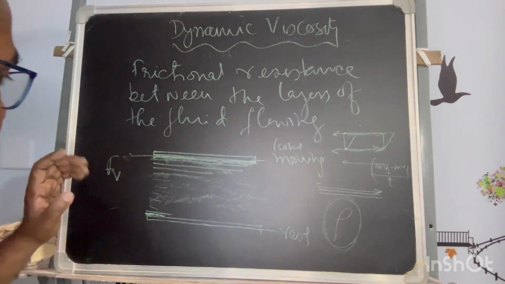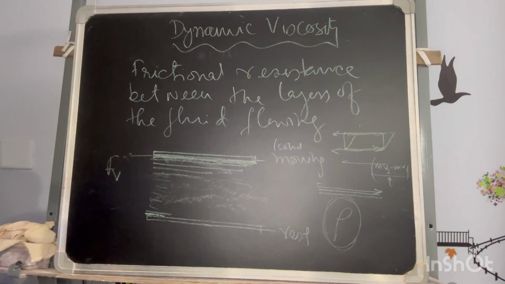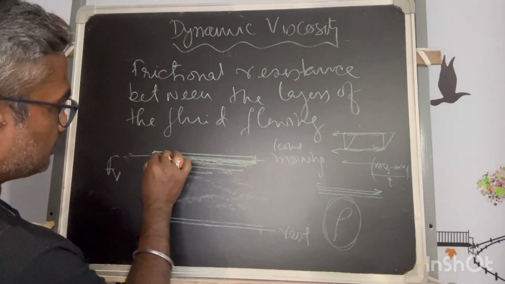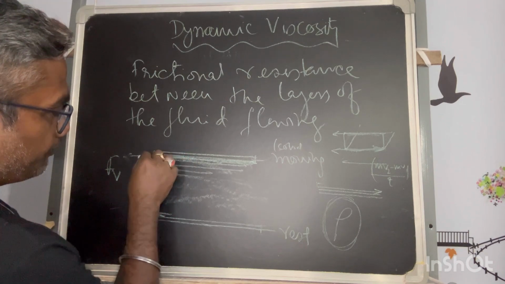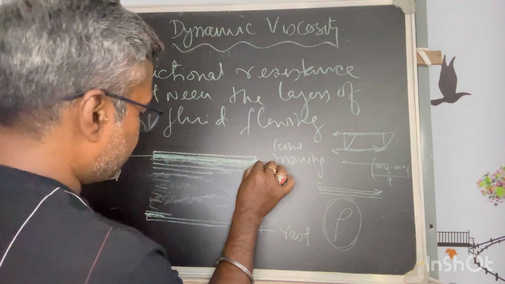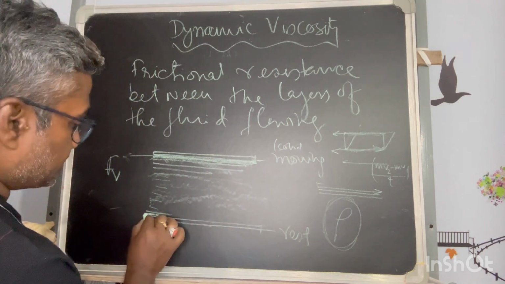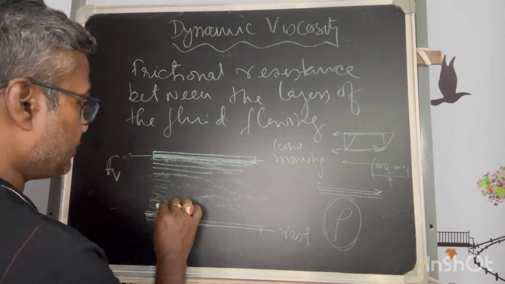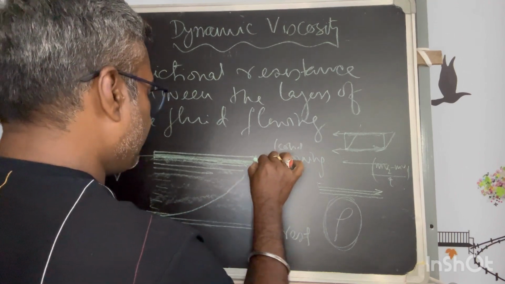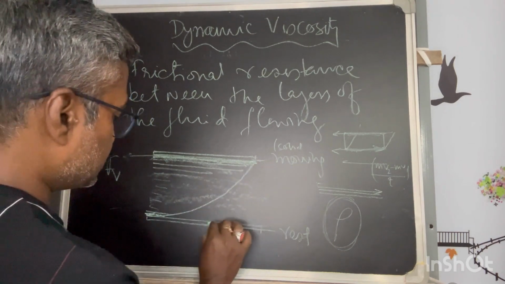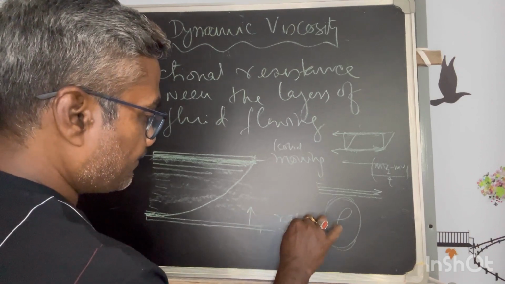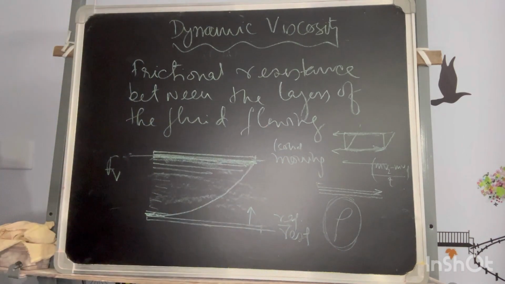So the velocity profile: the nearer to the moving plane, the velocity will be highest, and the velocity at rest will be 0. If I take the velocity profile, it will be something like a curvature with the distance from the reference, the rest.